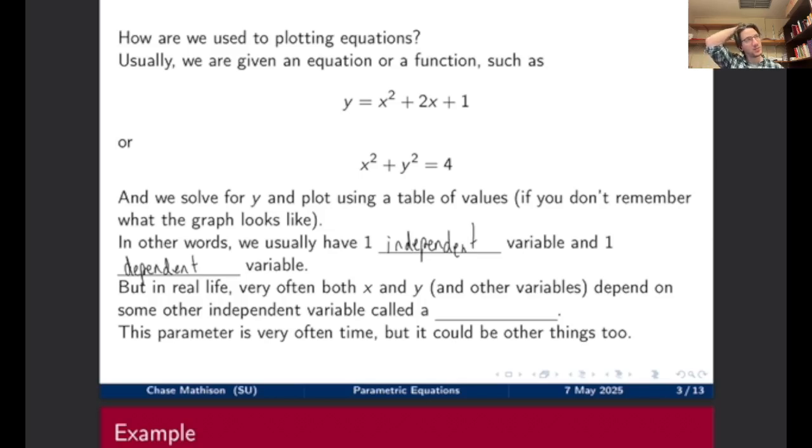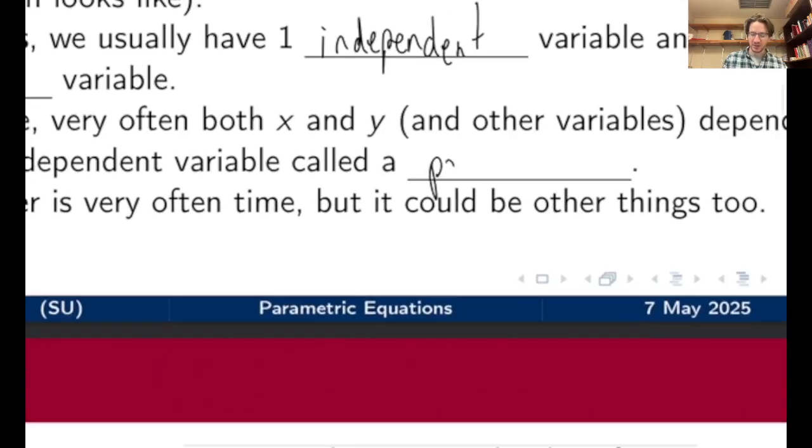Okay, but in real life, it's pretty rare for one variable to be strictly dependent on some other variable. Usually, what's happening if I have two variables x and y, they're usually dependent on some third variable or parameter, such as time, for instance.